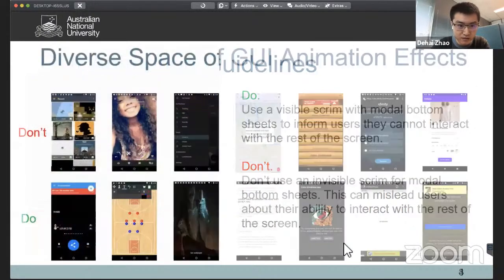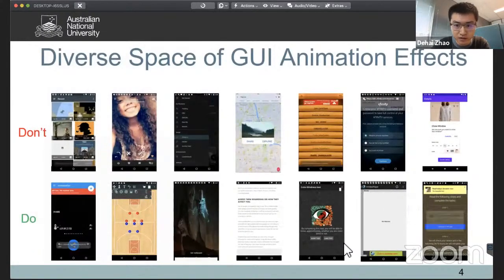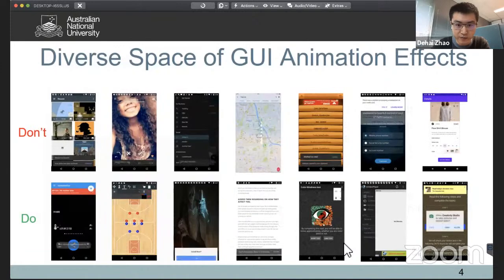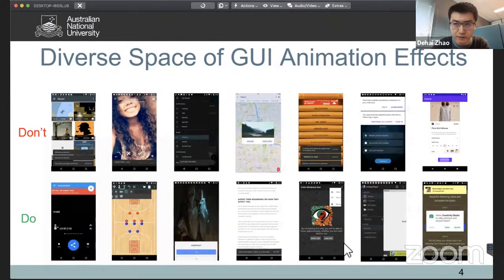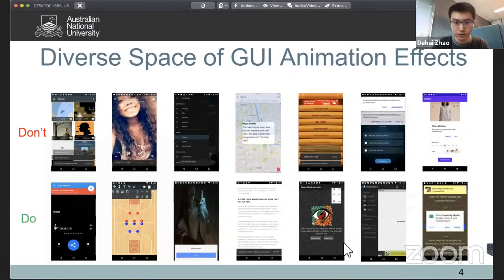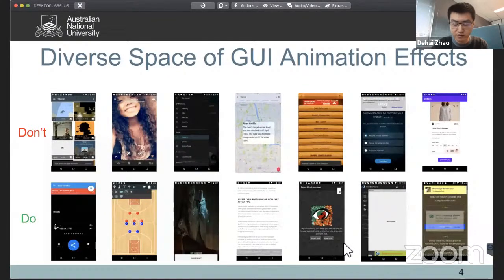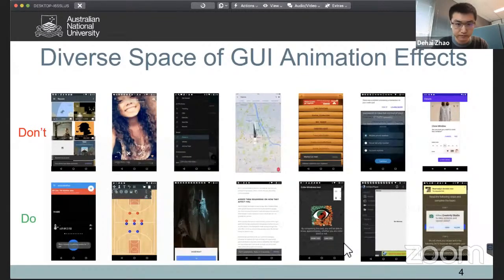The guidelines make GUIs more appealing and more usable for users, but the guideline documentation has so many rules that it is impossible for developers to remember all of them. So in this work, we try to design a tool to automatically validate GUI animation against the design don't guidelines.